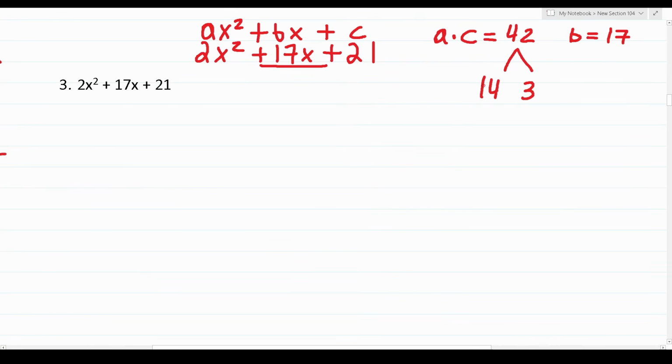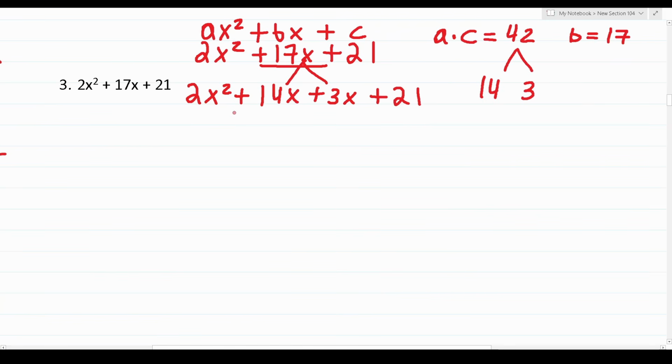So you can either decide to put the 3 first or the 14 first. In this case, I think we're going to put the 14 first. So this is going to be rewritten as 2x squared plus 14x, again, I grabbed that 14 from here, plus 3x plus 21. So you can see I rewrote 17x to be 14x plus 3x.